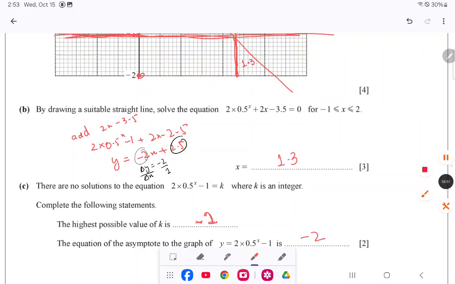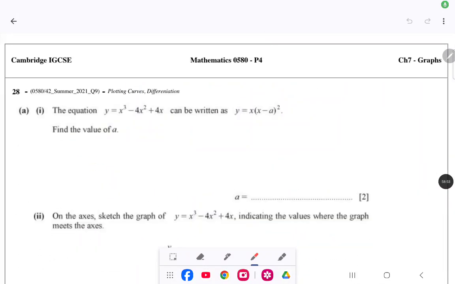Now question 28 says the equation given can be written as y equals x minus a whole square. Find the value of a. First we have to arrange this equation into this form.